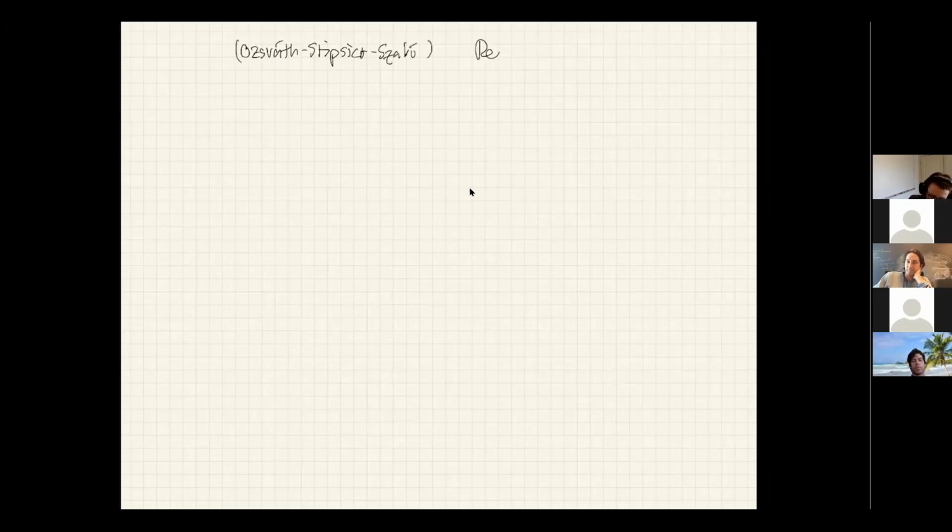Maybe I'll end on this because I'm running a bit out of time, but they prove a partial relation between lattice homology and the link surgery formula.